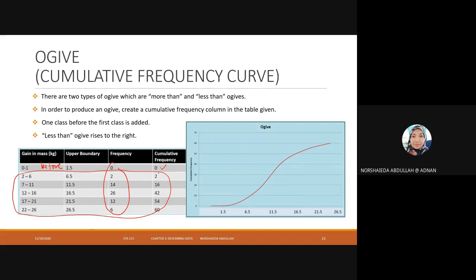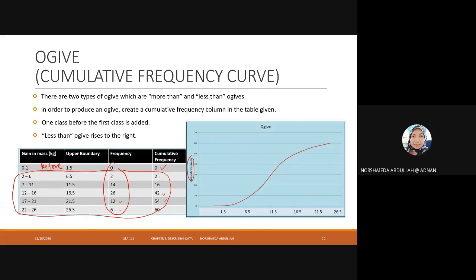So we start the cumulative frequency with 0 and then the first class cumulative 2 and then the next class 14 plus 2, 16 and then 26 plus 16, okay, 16 plus 26, 42, 42 plus 12, 54, 54 plus 6, 60. Okay, so cumulative frequency dekat Y. Okay, cumulative frequency Y-axis.